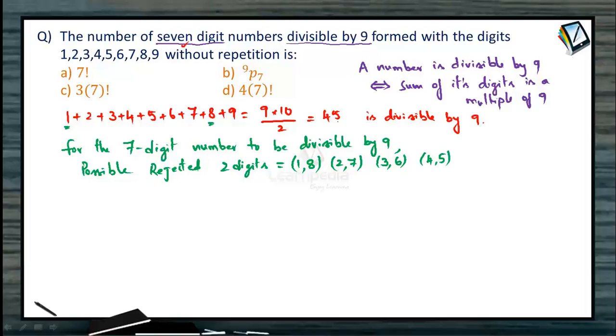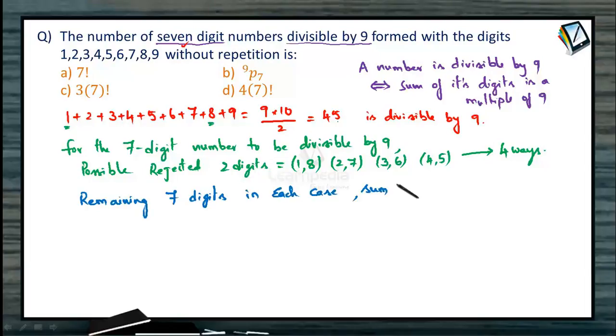This rejection can happen in 4 ways. For all the remaining 7 digits, the sum would always be 36.